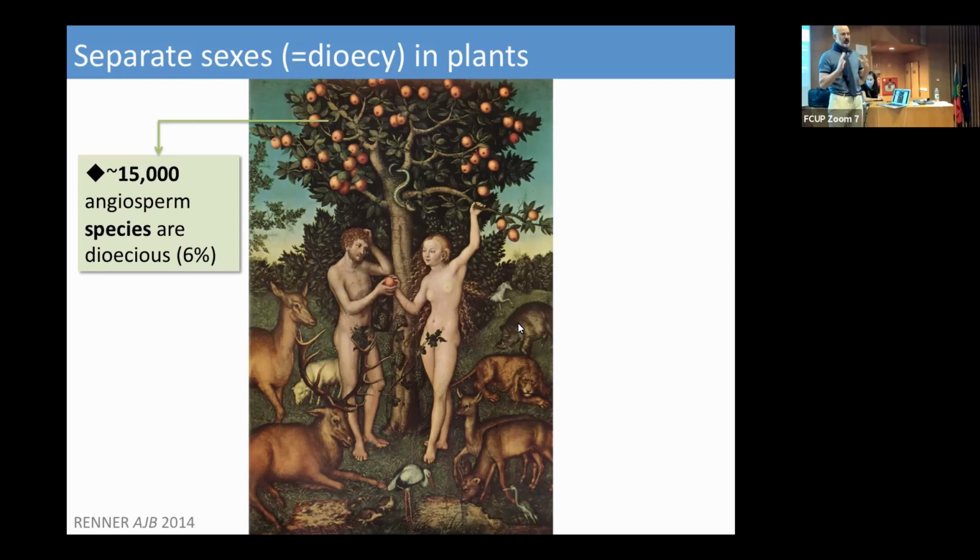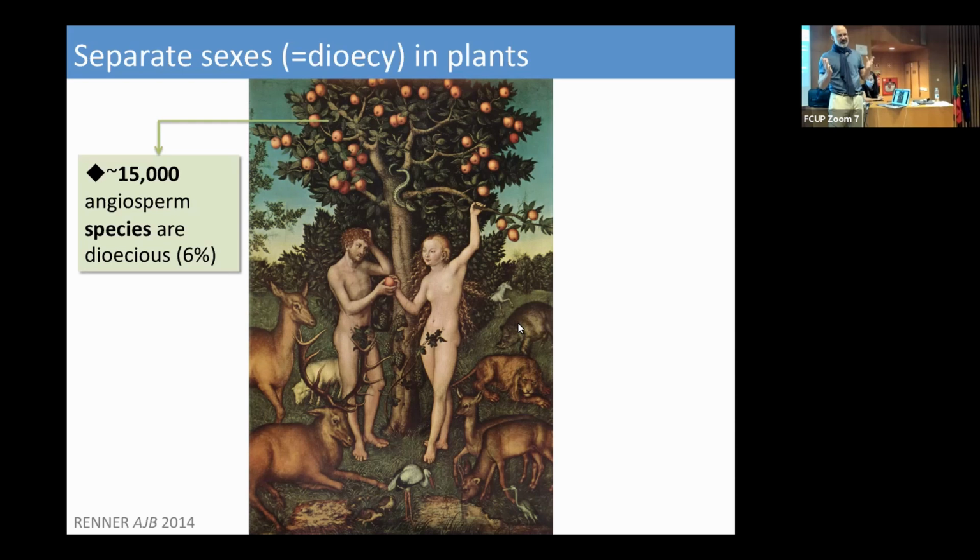You don't hear a lot about them because it's considered a minor sexual system in plants, simply because the major one is hermaphroditism. Most of the angiosperms are hermaphroditic, as you know. They have bisexual flowers.